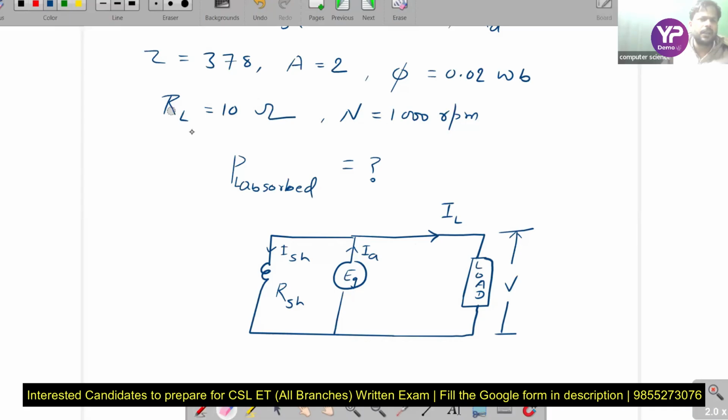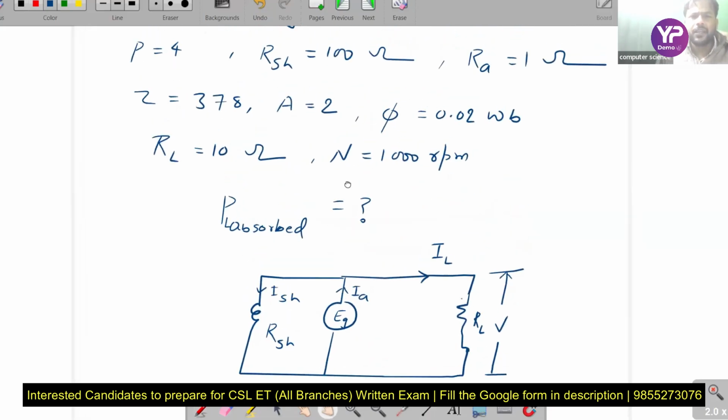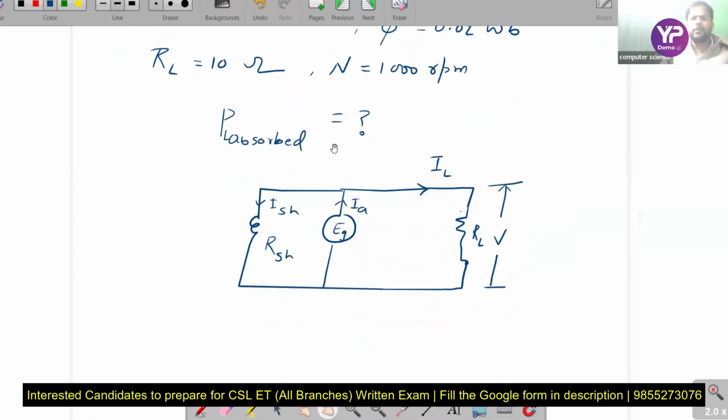Here the load is given and the resistance is 10 ohm, so we directly use the load resistance RL. We need to find the power absorbed by the load.